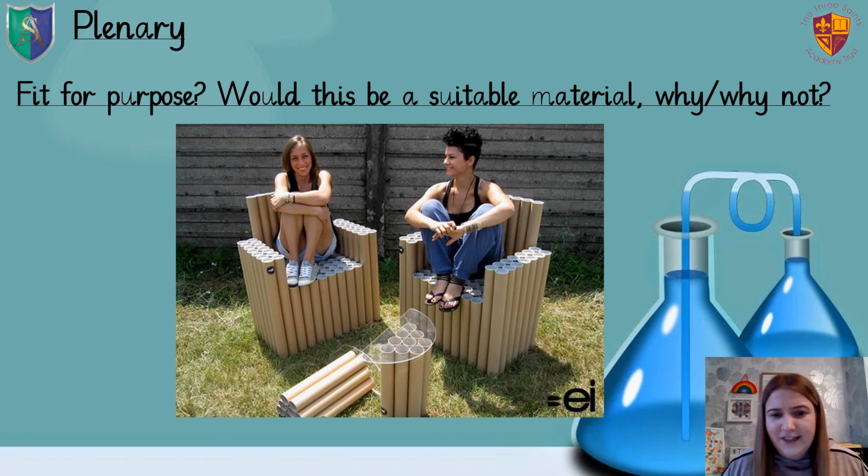Do you think these chairs are suitable? Why or why not? I want you again to have a little chat to the people around you if you can. If you can't, just think yourself. Are these chairs suitable or not? If they're not suitable, what could we make them out of instead?